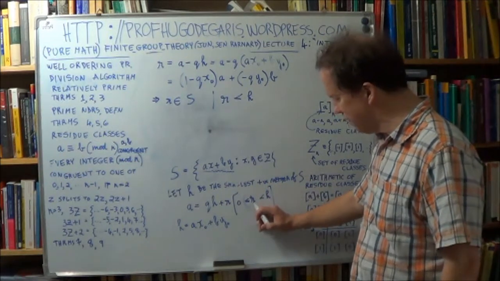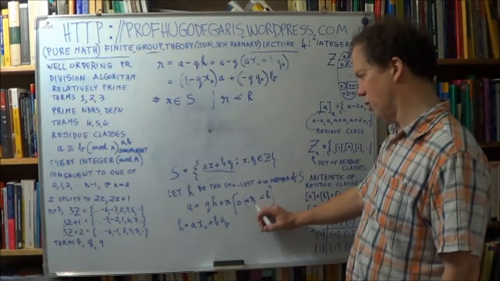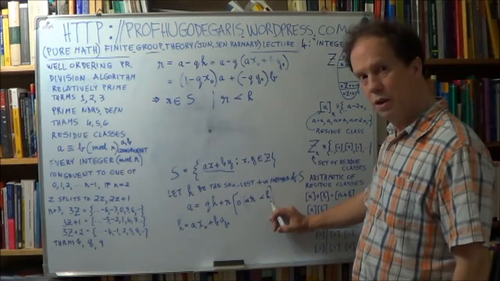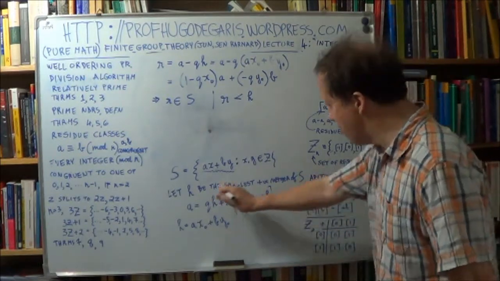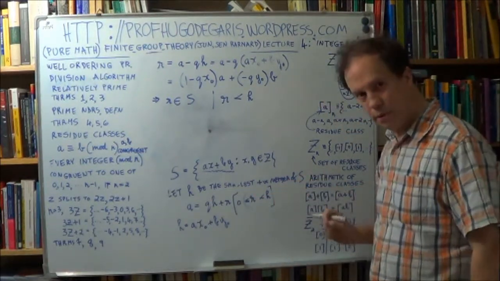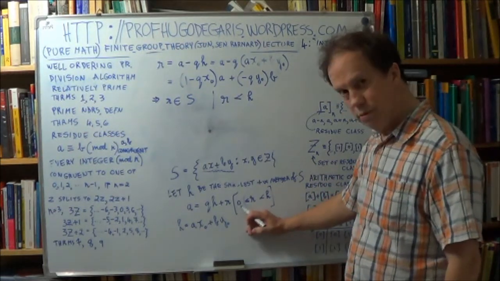If R is non-zero, so it's positive, that means R is smaller than H, which contradicts what we've said here. So the only way this and this can become compatible is that R equals 0.